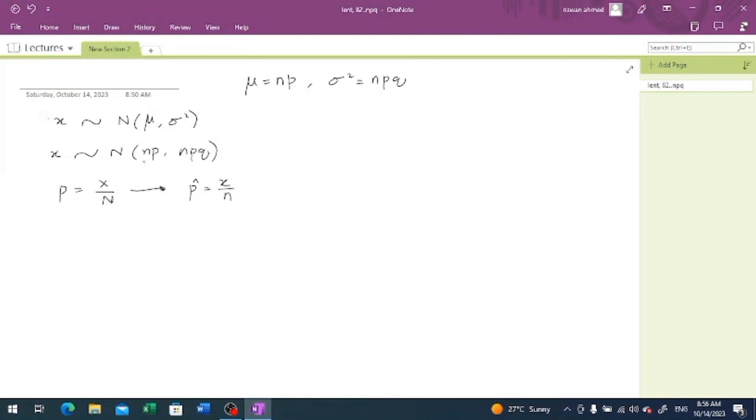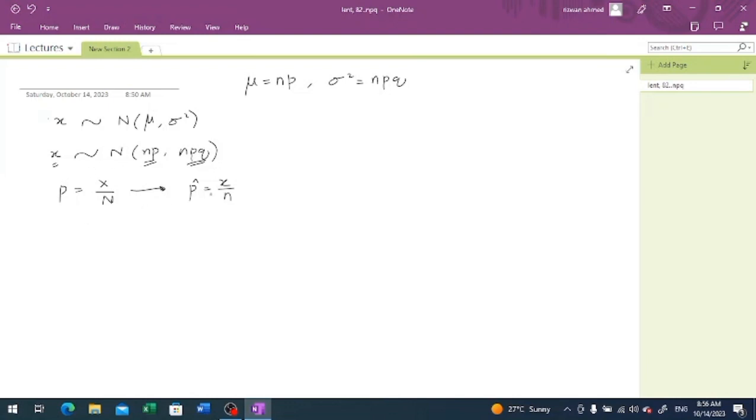Now we know this is the mean value of random variable x, and this is the variance of random variable x when it is distributed normally with binomial parameters.